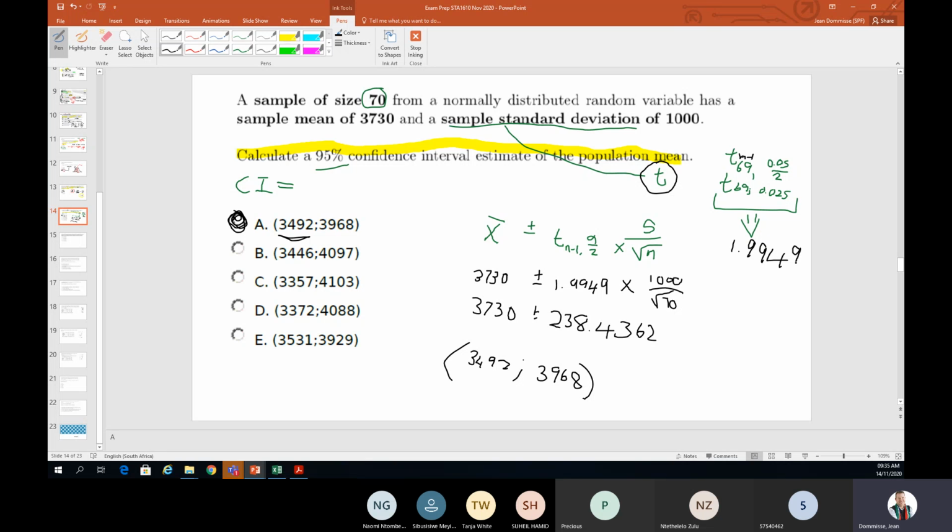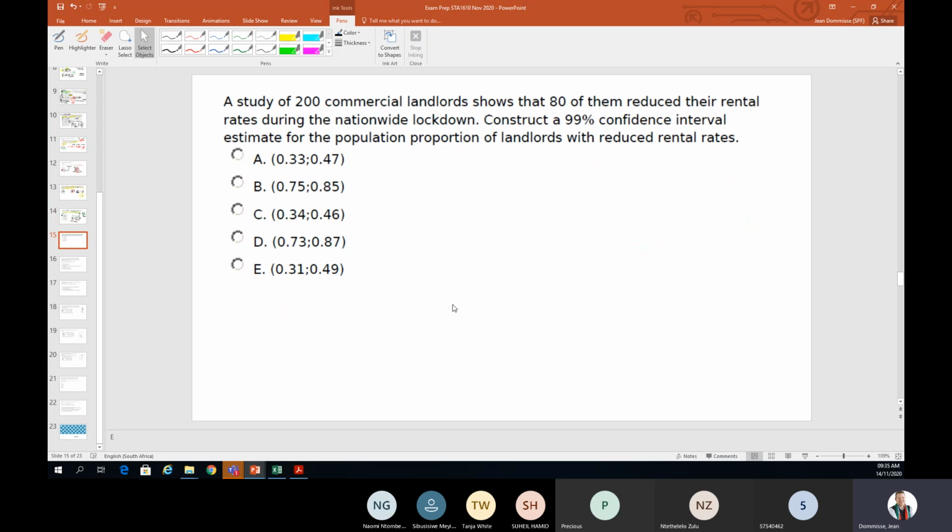Okay. So now they've asked you the t, so the chances that you will get another t in the exam, if they've asked you it once, is very slim. So what they will probably do, if I ask you another confidence interval, is it will probably be on proportion.